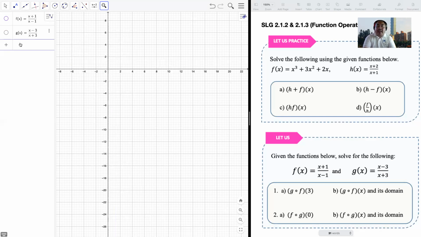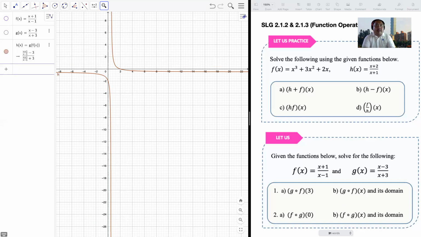Well, g circle f is just g of f of x. So we'll write g of f of x. Okay, so this is now g circle f of x. You will see here again that GeoGebra is not able to show you a simplified expression for g circle f.